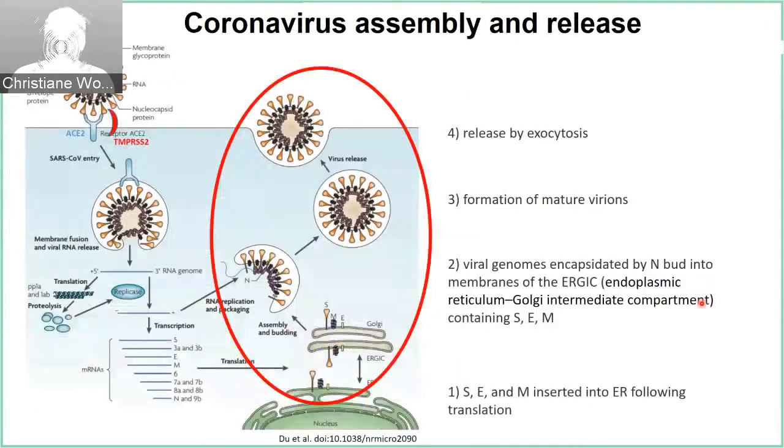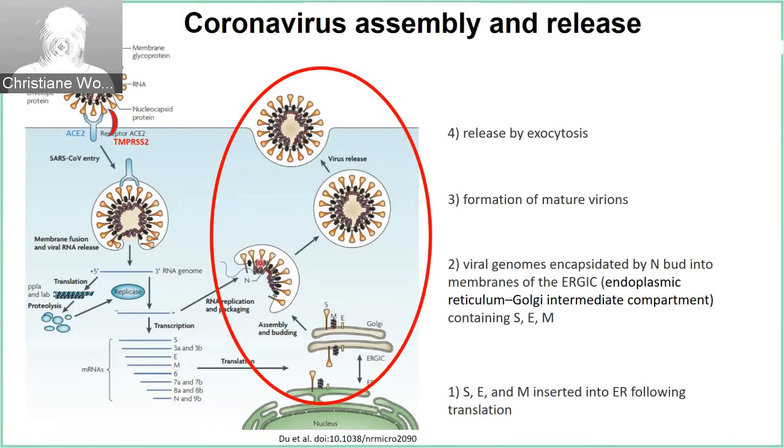And so that brings us to the last step in the life cycle, which is assembly and release. Once the proteins have been translated, the structural proteins S, M, and E are inserted into the ER membrane. And it is from there that they then move into the Golgi, and it's in the intermediate Golgi compartment that M is the catalyst for the assembly.